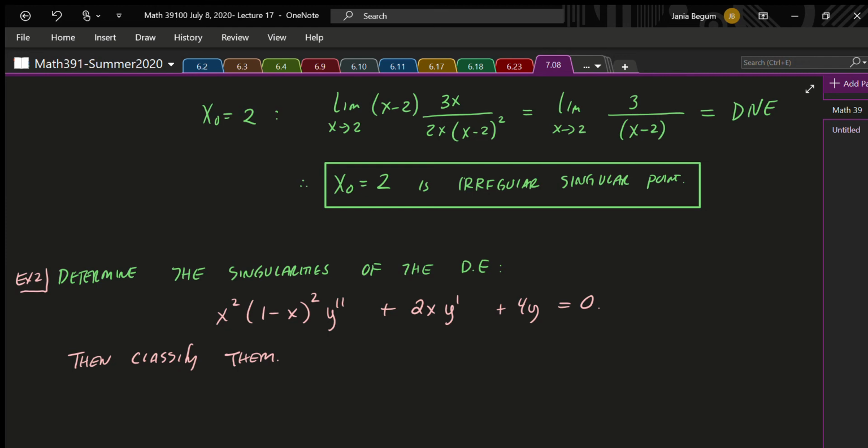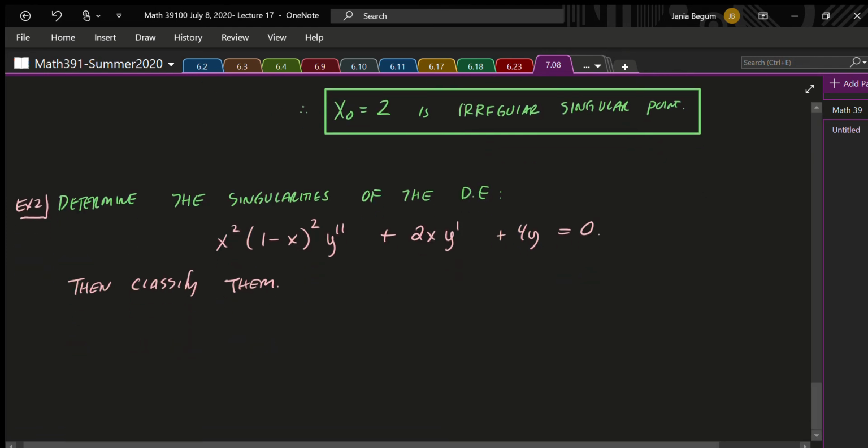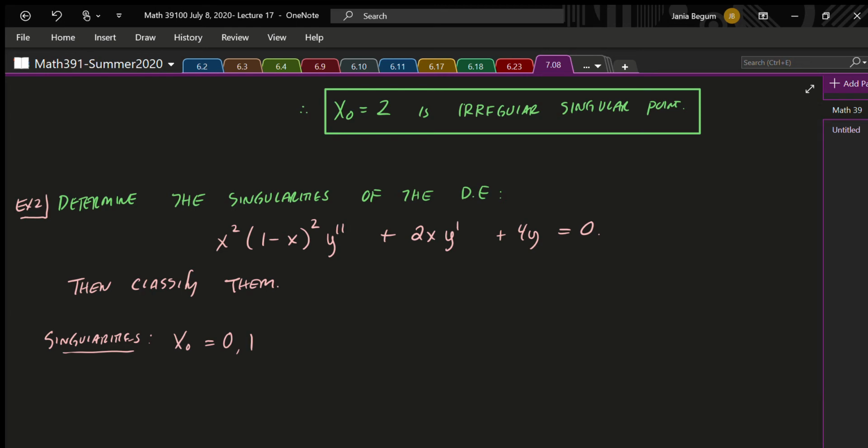So, what are the singularities? 0 and 1. Okay, thank you guys. So we have two of them. 0 is coming from x squared and 1 is coming from 1 minus x, because that's when p of x is 0. Okay, so now let's classify them.